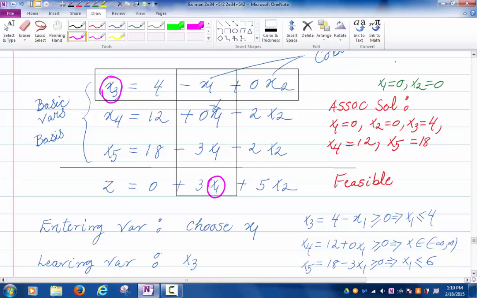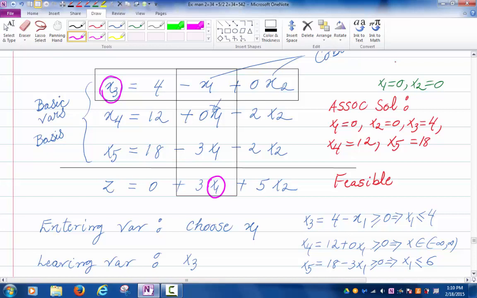Am I making sense? Once I have that pivot 1, I am going to use the pivot row. By using the elementary row operations, I am going to make all the coefficients of the entering variable in the other rows 0.